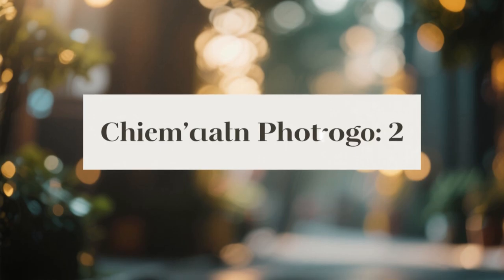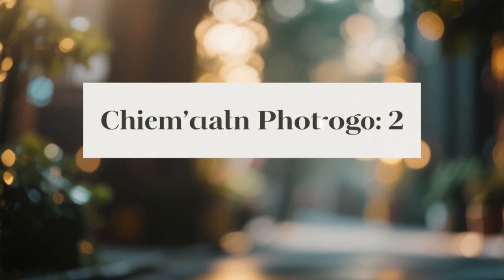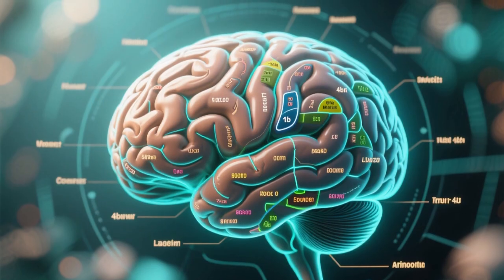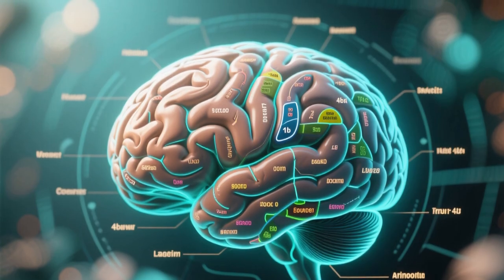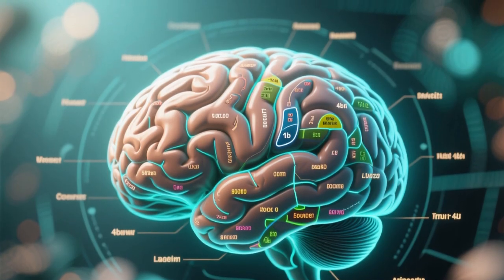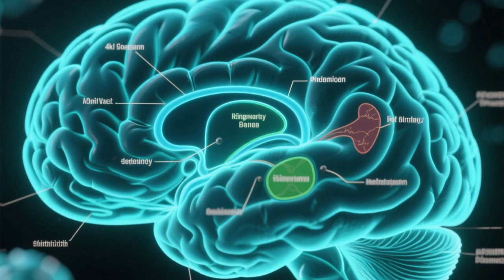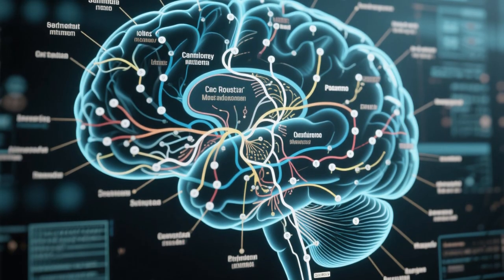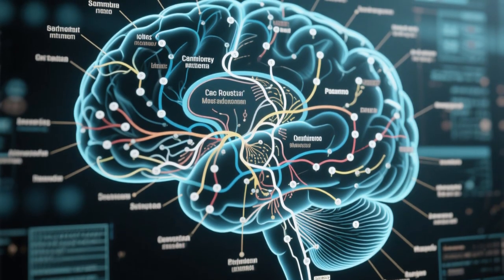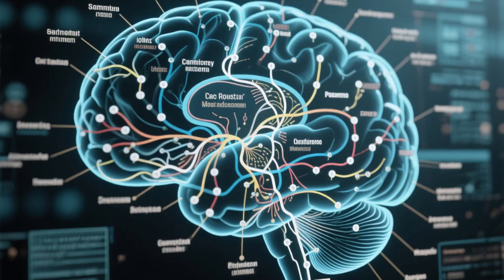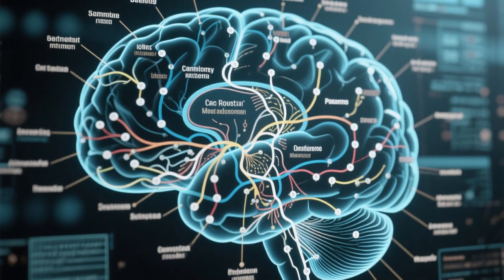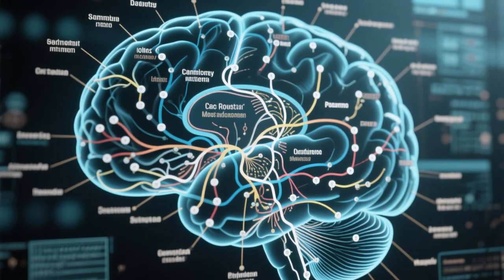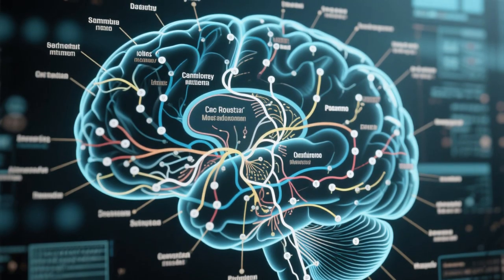Section 2, Brain Structure and Function. The brain is a complex organ that is responsible for controlling our thoughts, emotions, and behaviors. In this section, we'll be exploring the structure and function of the major brain regions and how they work together to produce complex psychological functioning.